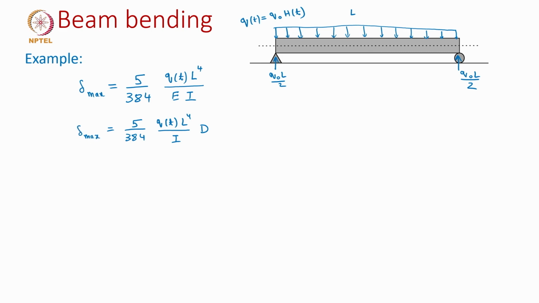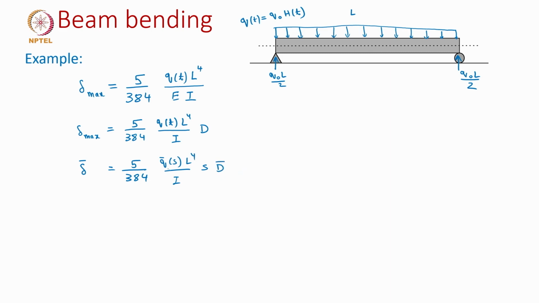So, we solve this using the Laplace formula for deflection, which is delta bar is 5 by 384, replacing Q of t with Q of s, and D with s times D of s.